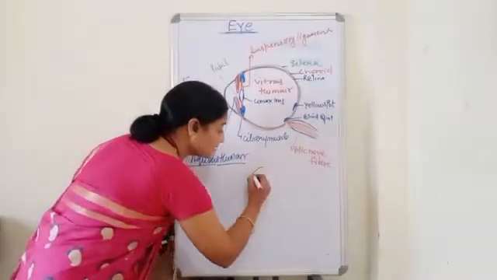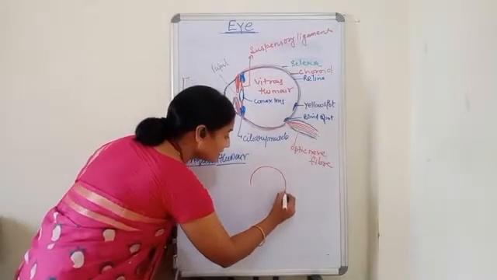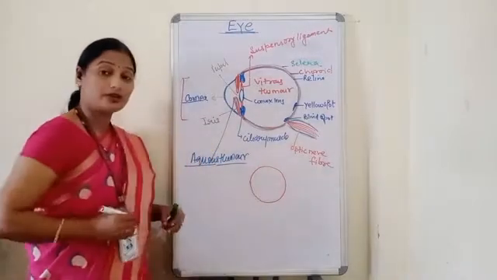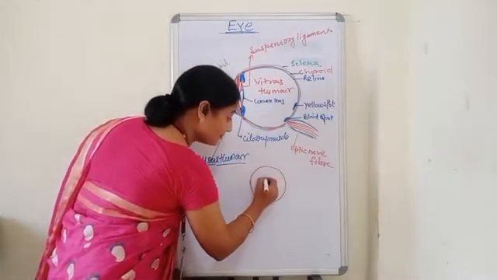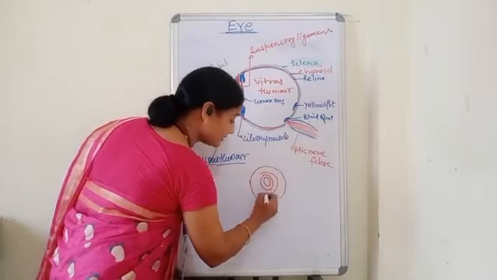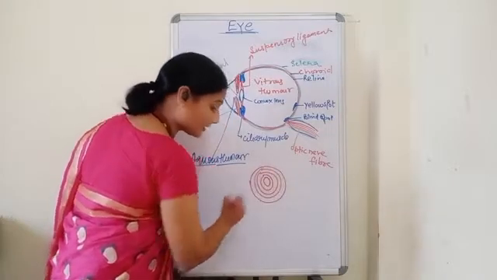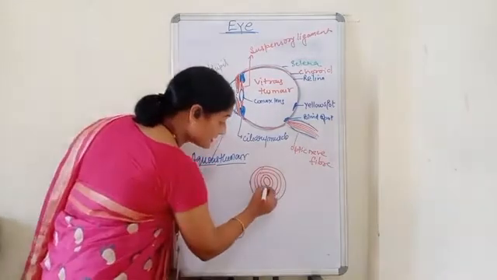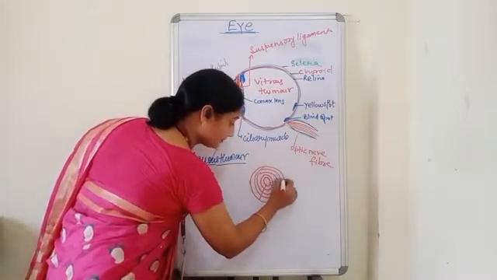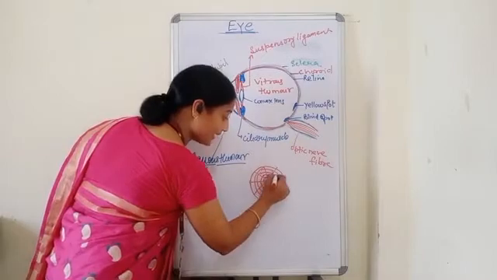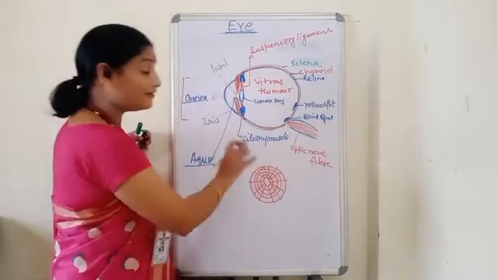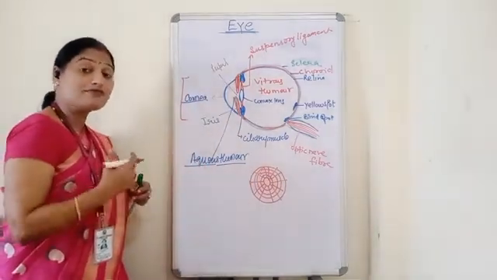Now see, what is this iris? This iris is a circular disc-like structure. Okay, and this iris is made up of some circular muscles. I am drawing some circular muscles and some radial muscles. Okay, these are some radial muscles. So our iris can be of various colors.